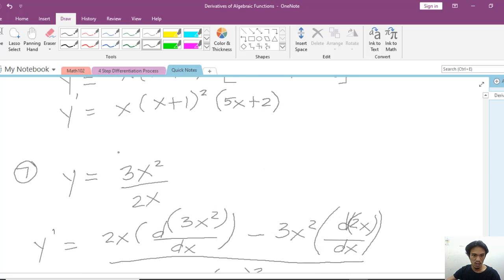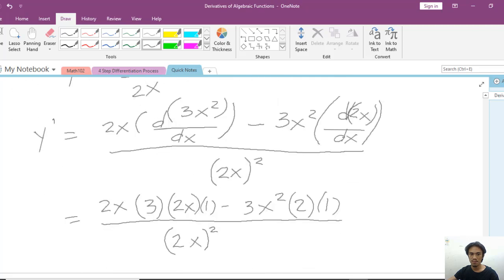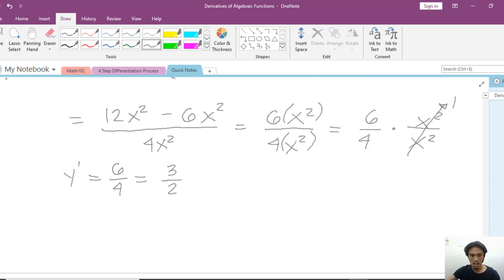But if you will notice, you can simplify right away before taking the derivative. I'll just copy the problem. y is equal to 3x squared divided by 2x.